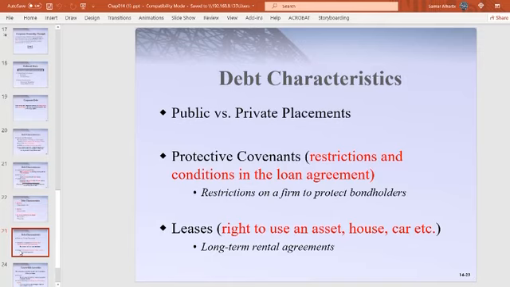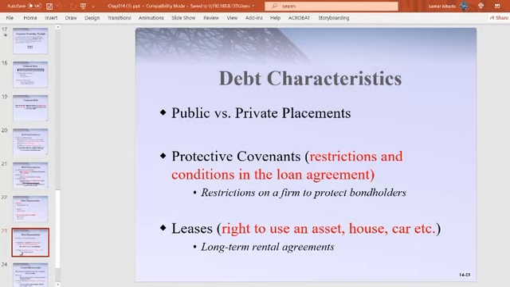You cannot use this money for private activities. So it is a condition in that loan document. This type of conditions or restrictions which are placed in the agreement is known as a protective covenant.